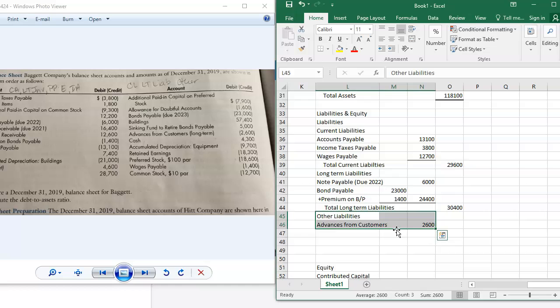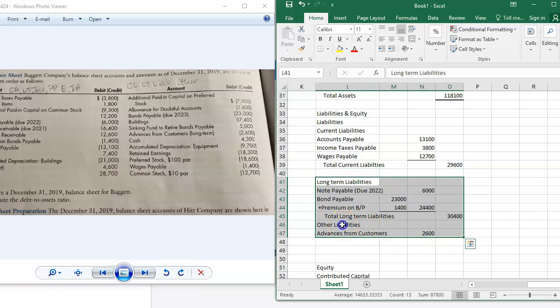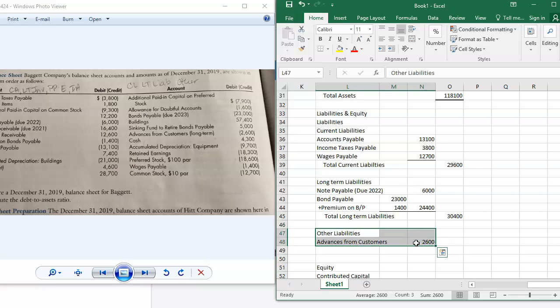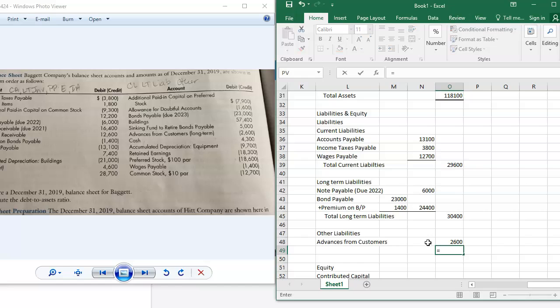Slide this down one. I like to have a little, actually I'm going to slide all this down one. This one down one because I'd like to have a little bit of a line. And actually this number, I'm just going to move on out here to the side since it's just the one. And then I need to add those up.